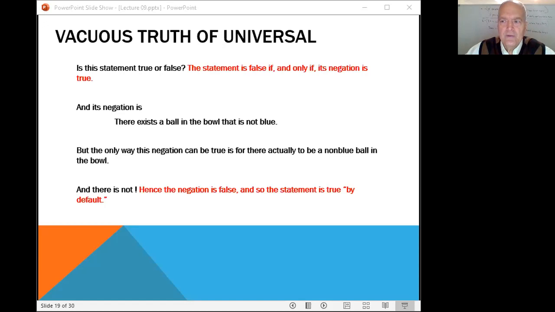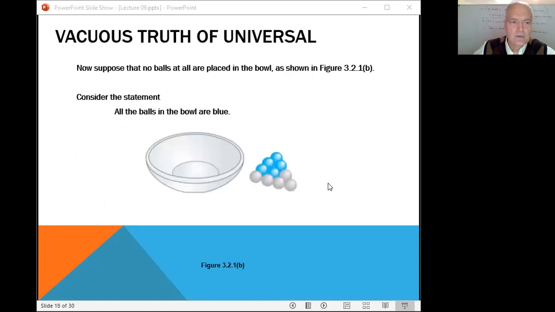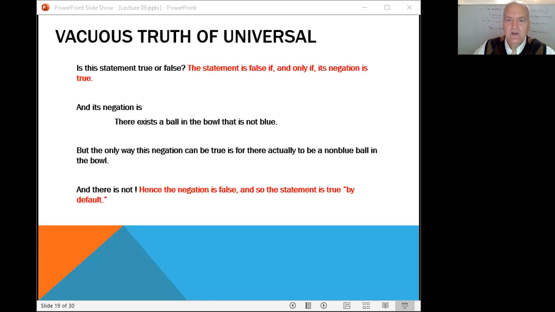Well, it's false only if its negation is true. And the negation in this case of a universal statement, an all statement, is there exists a ball in the bowl that is not blue. So we had the universal statement, all the balls in the bowl are blue. The negation of that statement is there exists a ball in the bowl that is not blue.